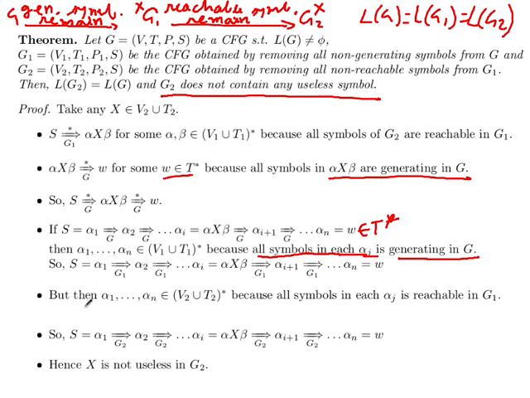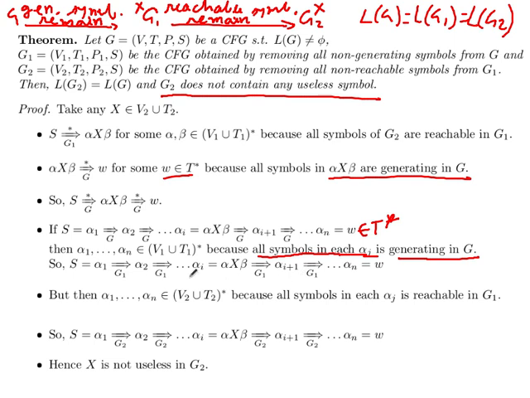Okay, from G1 now you see all the symbols in this alpha I, so they are reachable from S in G1. You see that now this is in G1, and in G1, what is happening? You take any symbol in any one of these alpha t, alpha or whatever, in the middle, and you can reach that thing starting from S in G1, right?